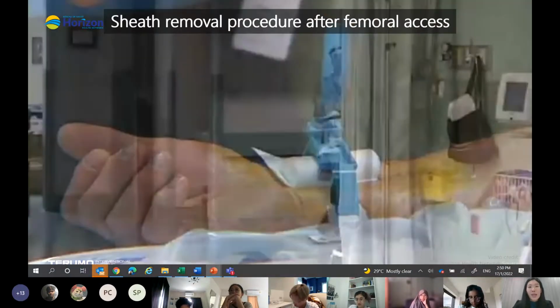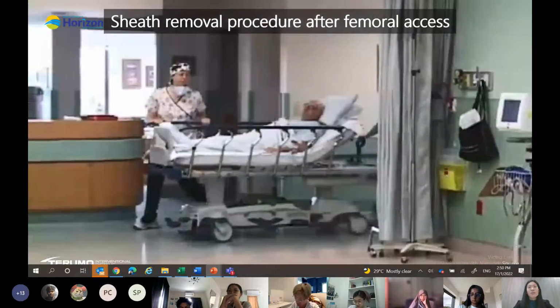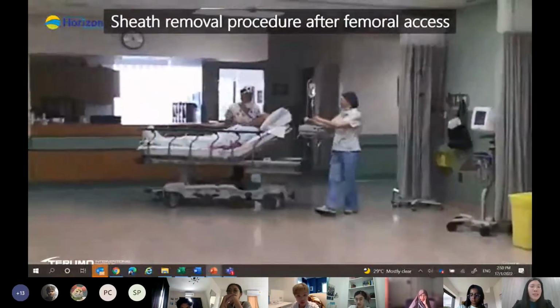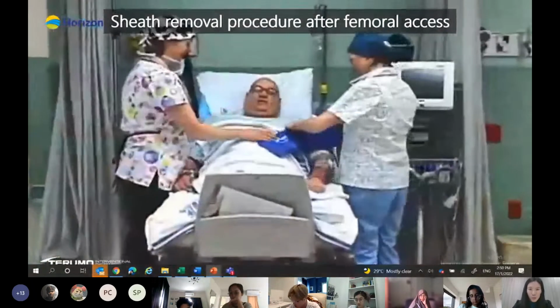So let's take a look at the sheath removal procedure after femoral access. Femoral describes the artery that is in your groin. Femoral access, typically, is not done in the cath lab. They will move the patient into a recovery room.